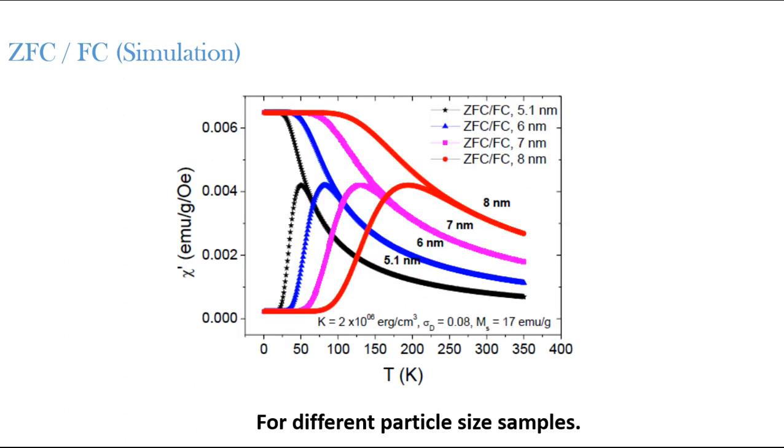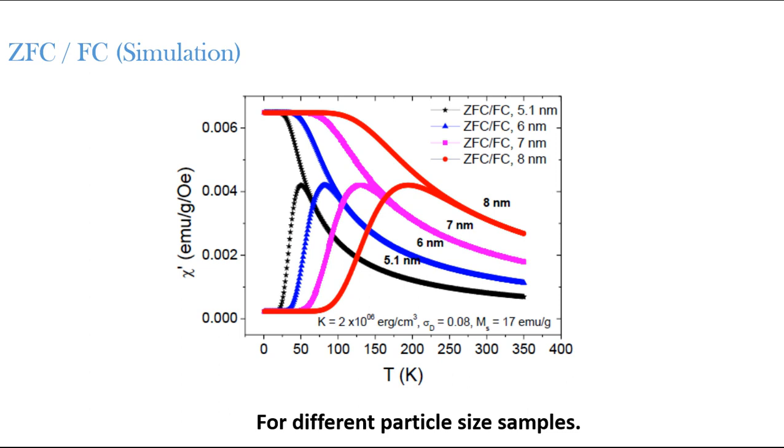So here is the simulation of the zero field cool curve of the same equations. Now we have fixed the K value, and we have changed the diameter of the nanoparticles.